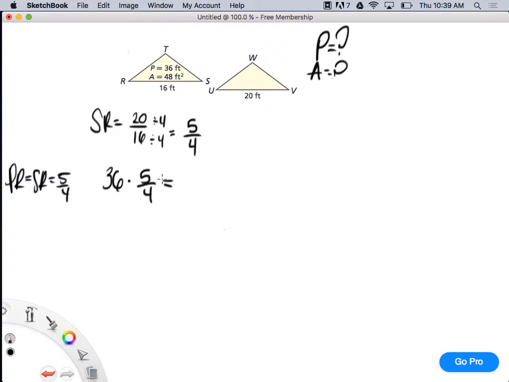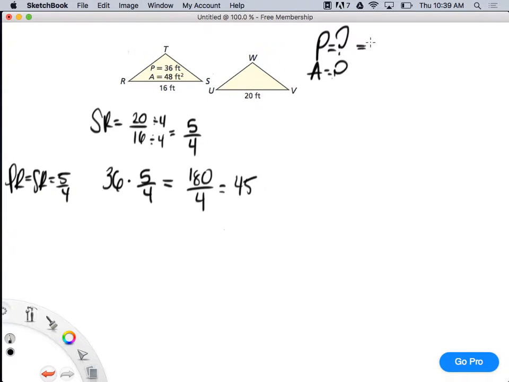What's the perimeter ratio? The perimeter ratio is the ratio of this perimeter to this perimeter. Does that make sense? So if I want to find this perimeter, I have to use the perimeter ratio. I just multiply them. 5/4 times 36. So I do 5 times 36, and that gives me 180. And then I divide that by 4, and I get 45.